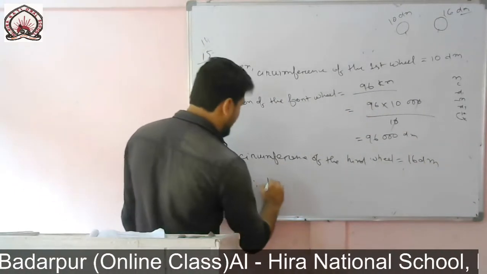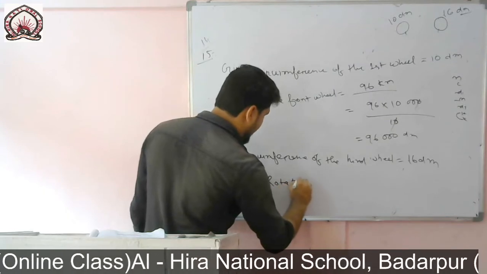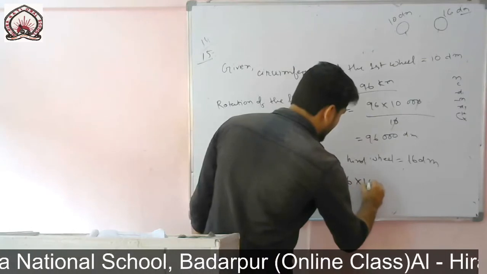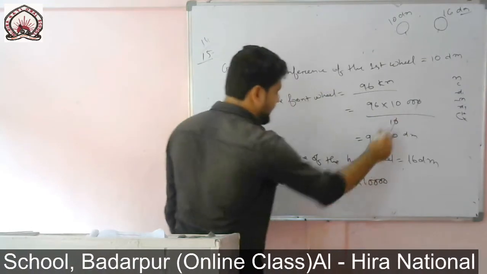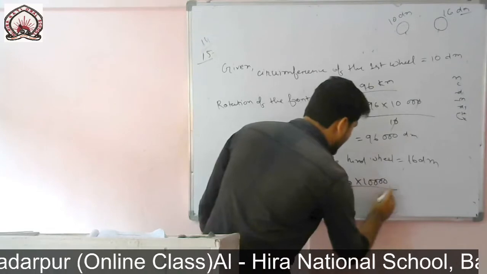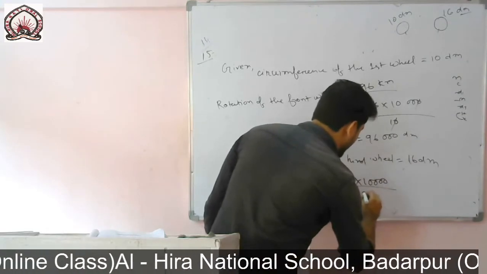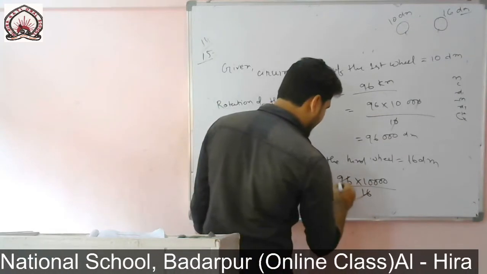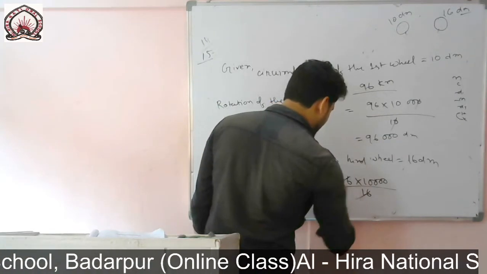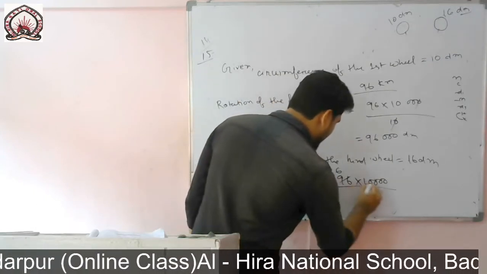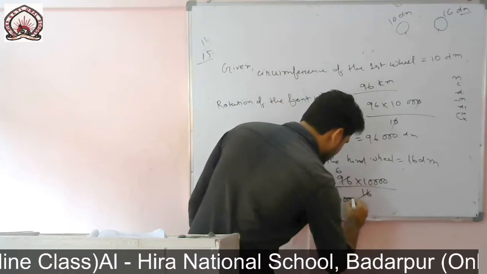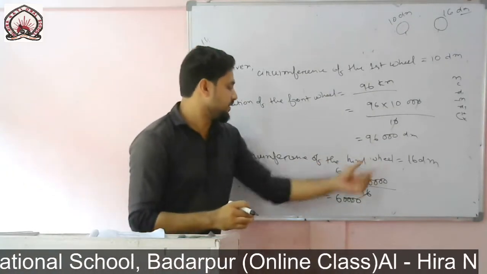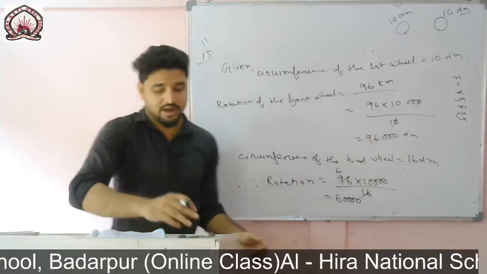Therefore rotation will be 96 into, we have to convert again into decimeter, so 16. If we cancel 6, then you are getting 6 and 4 zeros. Now if you subtract this one from that one, you will get the extra one.